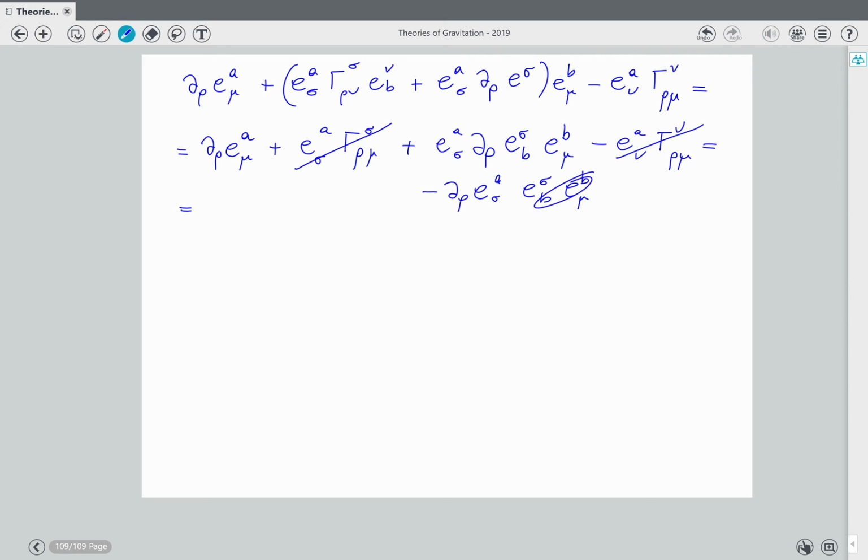But then you have another contraction there which gives you a delta sigma mu. So you have correctly partial rho E mu A minus partial rho E mu A.